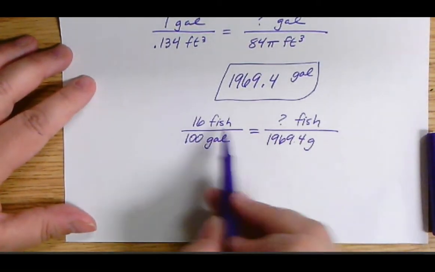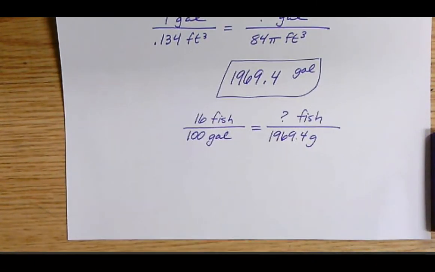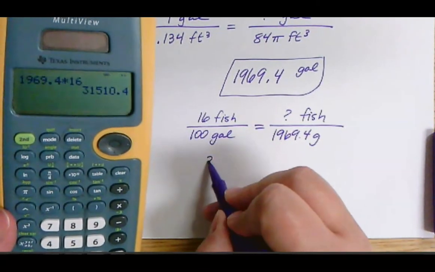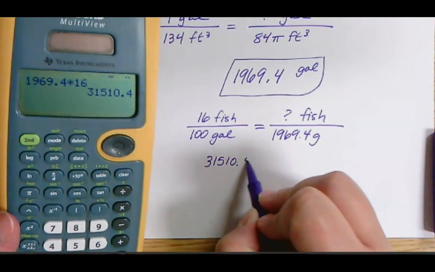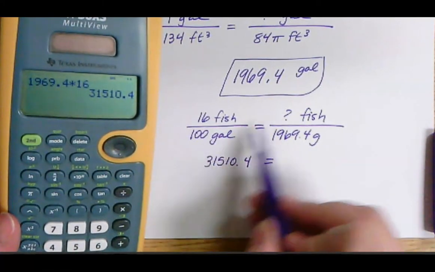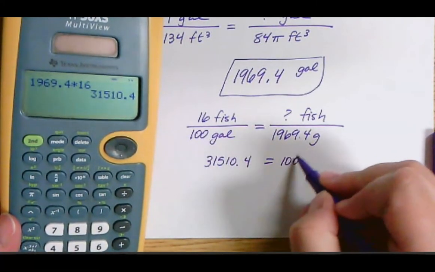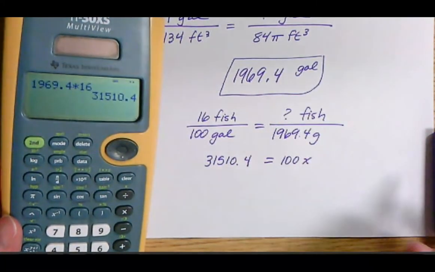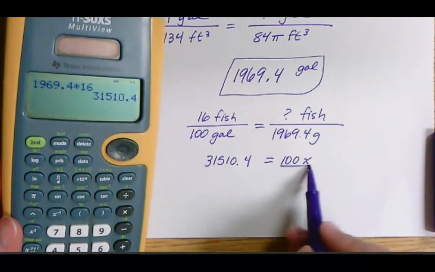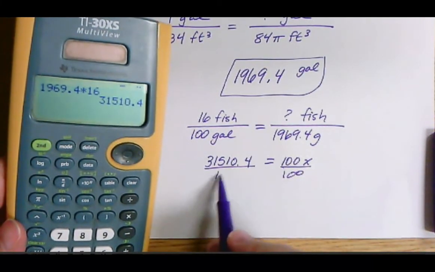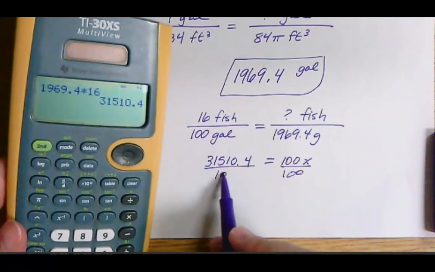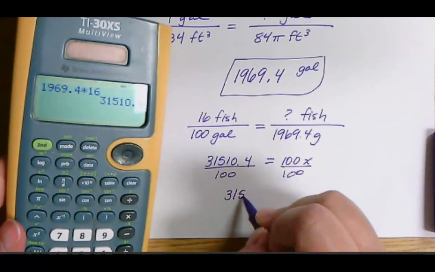So again, I'm going to cross multiply 1969.4 times 16 gives me this, which equals, cross multiplying the other way, 100 times, let's call that x. Then I divide both sides by 100. That's going to give me 315.1.